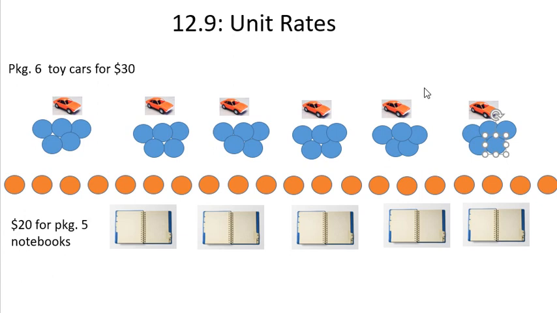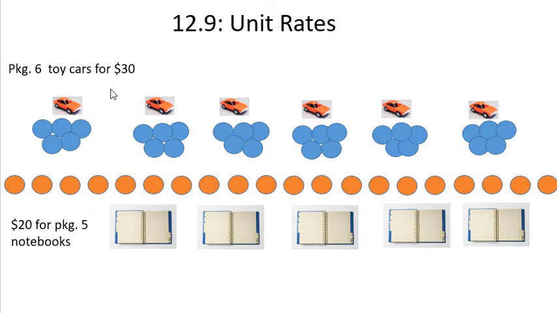And I've used up all of my $30 represented by these blue circles. And underneath each of the car, I have exactly $5. So that means the unit cost for one car is $5.